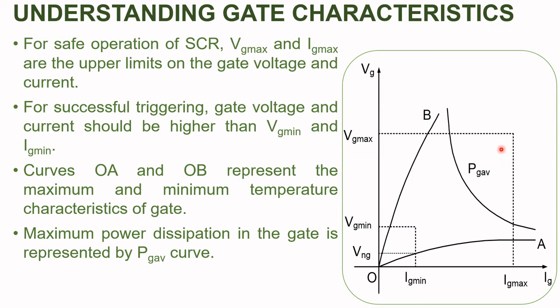Hence, for the safety of SCR and for the safety of our circuit, we have to always maintain the operating point below the PG average curve, that is maximum power dissipation curve.